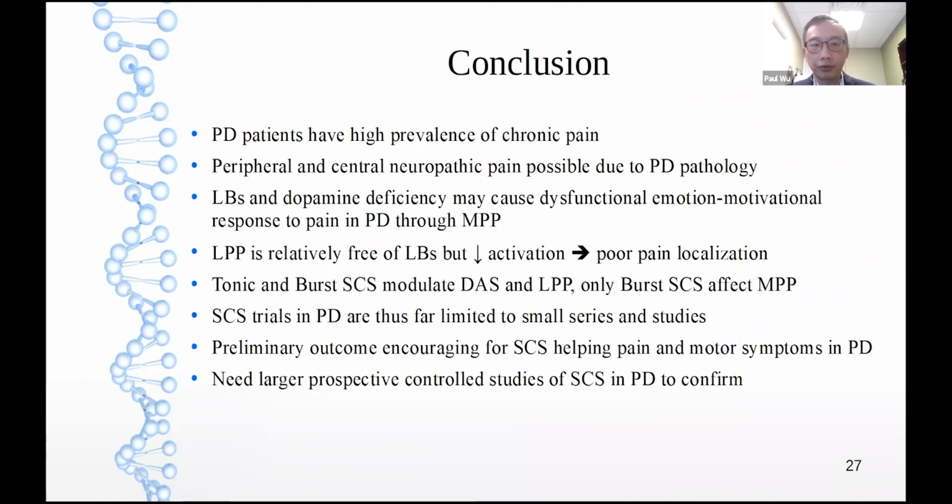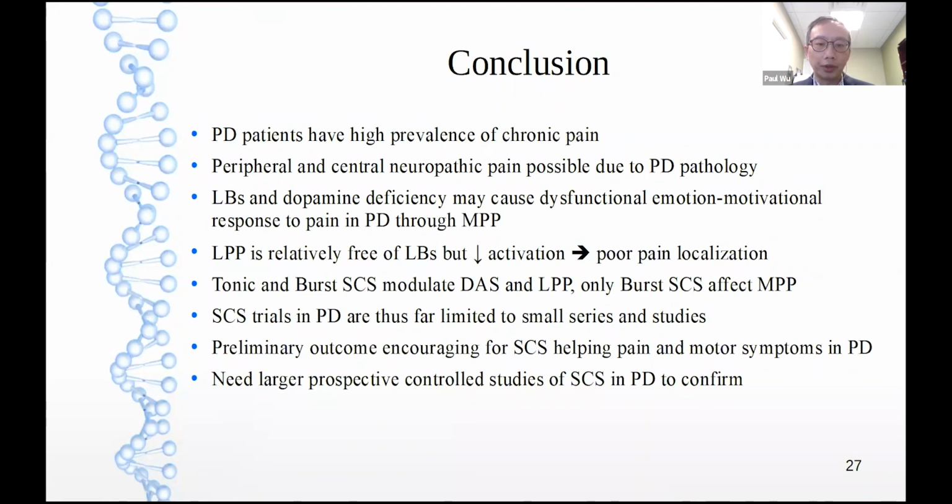So in conclusion from the talk, a couple of things. One, Parkinson's disease patients have a high prevalence of chronic pain. Peripheral and central neuropathic pain are possibly due to PD pathology directly, such as Lewy bodies.